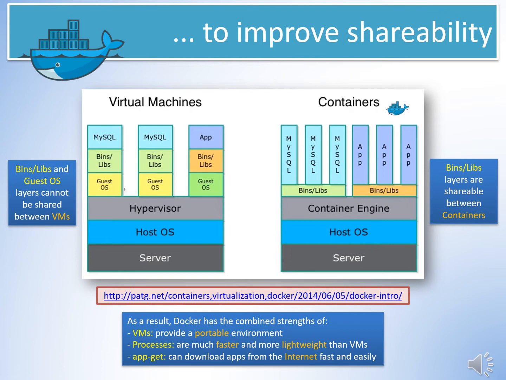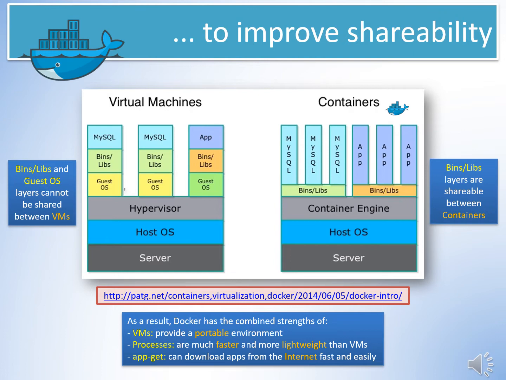As a result, for two VMs running the same app, there will be two files containing the same layers. For three VMs, three files. If the guest OS costs 20 gigabytes, then each file will cost at least 20 gigabytes. Two VMs cost 40 gigabytes. Three VMs cost 60 gigabytes.